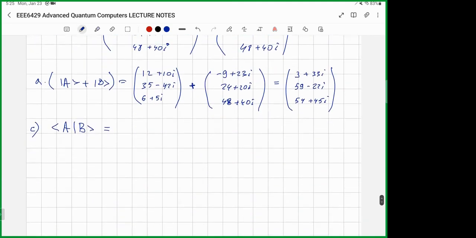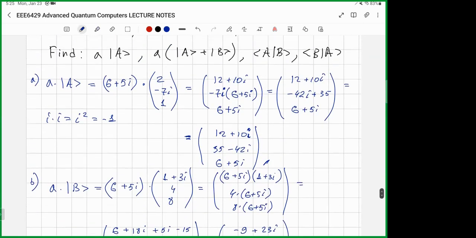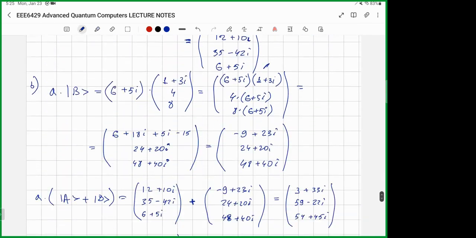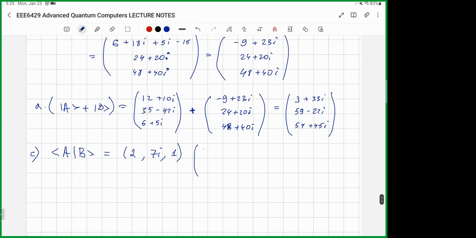Right, so we write this for the A. It will be 2, then 7i, and 1. And now the vector B is 1 plus 3i, 4, 8.